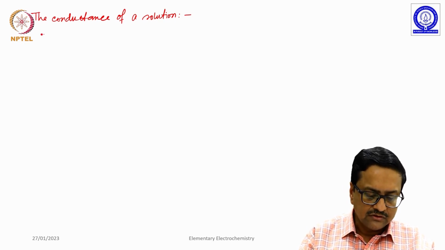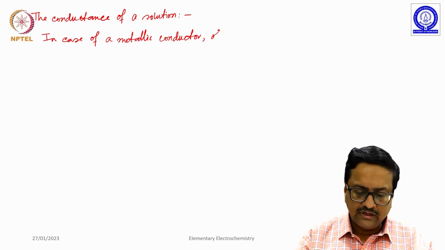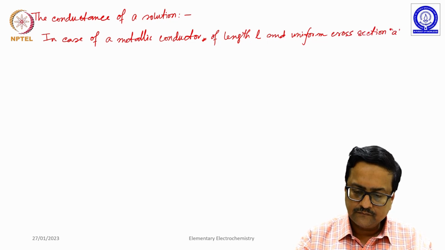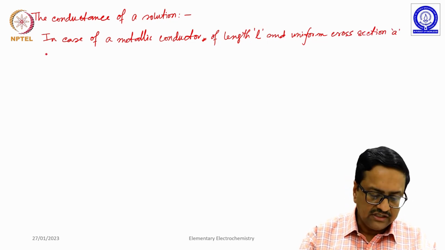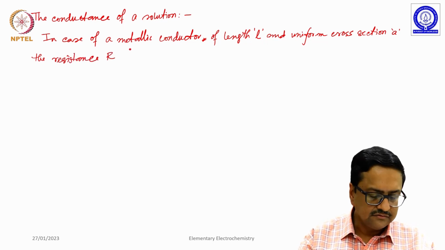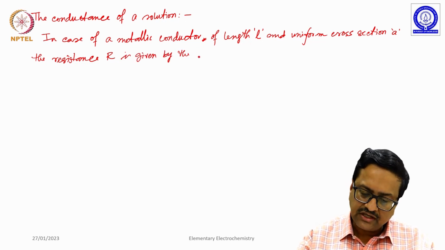What we know in case of a metallic conductor of length L and uniform cross section A, the resistance R is given by the following equation.